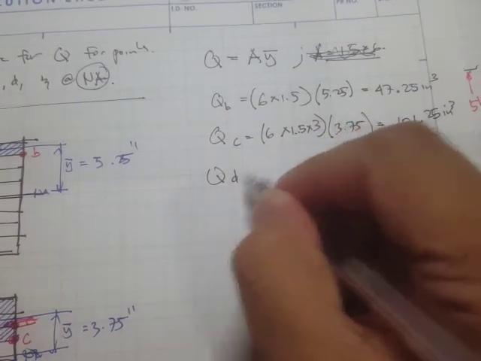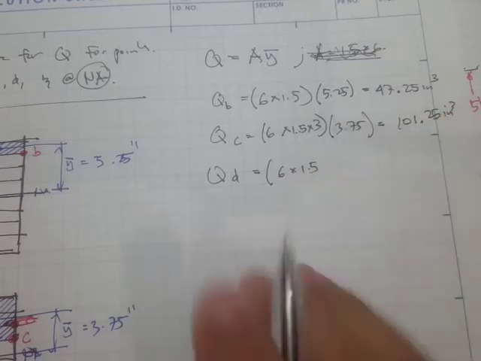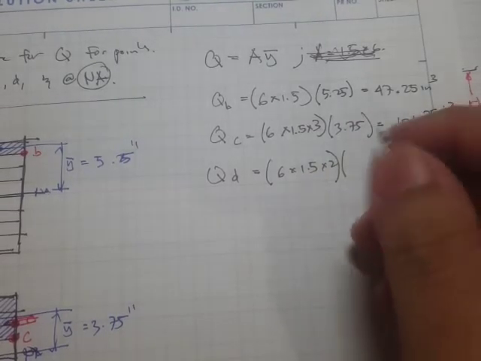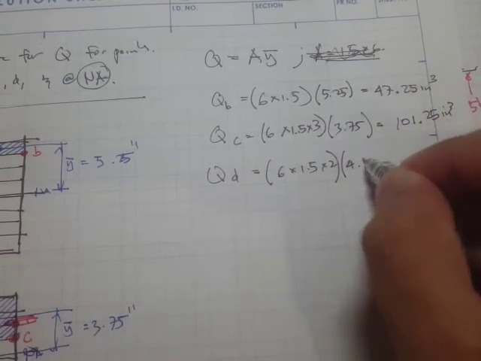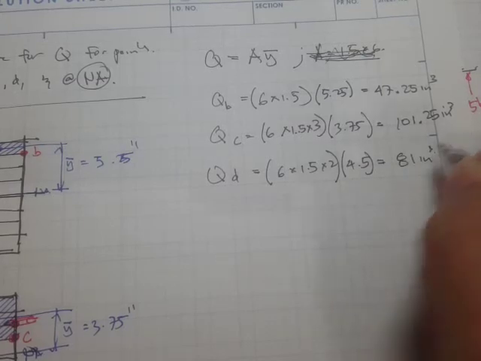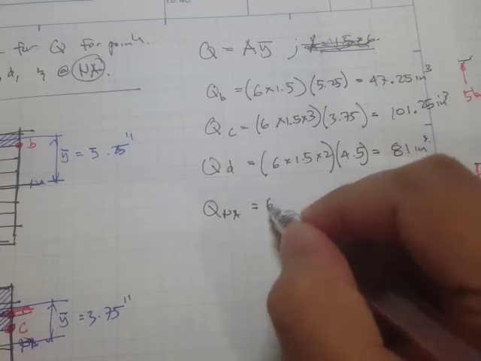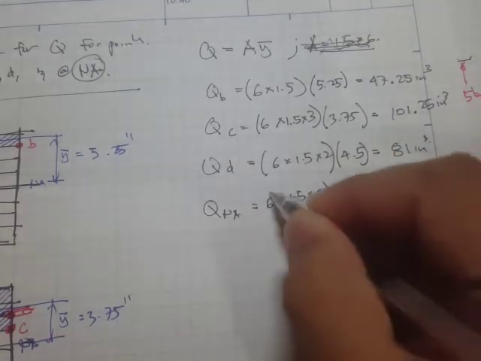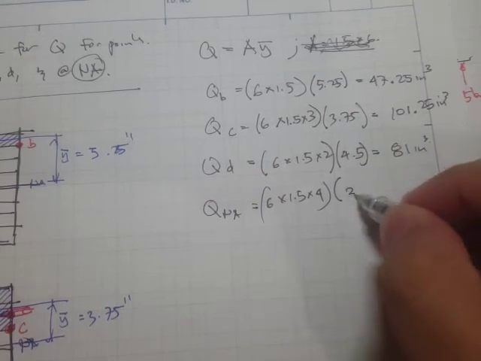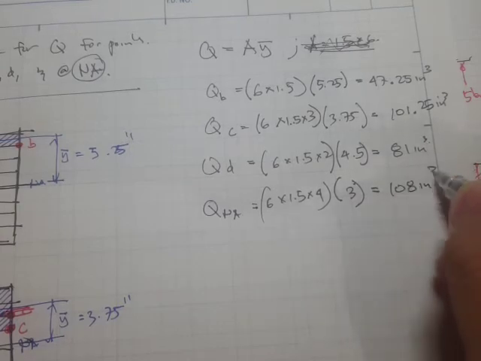Q sub D is equal to the area of 6 times 1.5 times 2 planks, and the distance is just 4.5, and this is equal to 81 inch cubed. And for the neutral axis, we have an area of 6 times 1.5 times 4, times the distance, which is 3 inches. So this is equal to 108 inch cubed.